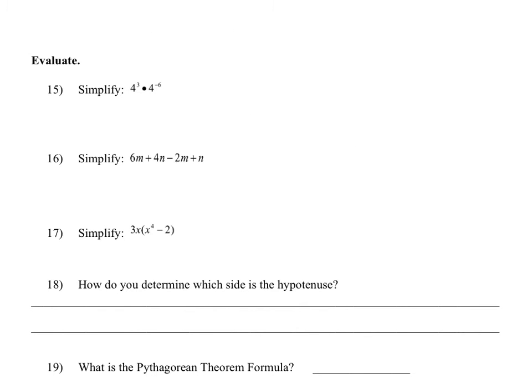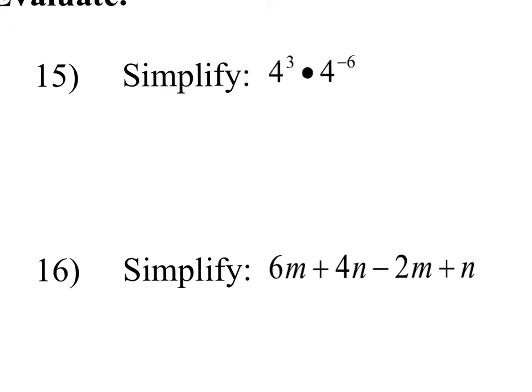Let's make sure that you turned the page and you are on number 15. Number 15 asks you to simplify this statement, 4 to the power of 3 multiplied by 4 to the power of negative 6. Again, we have a common base of 4 being multiplied, so this is your product rule.